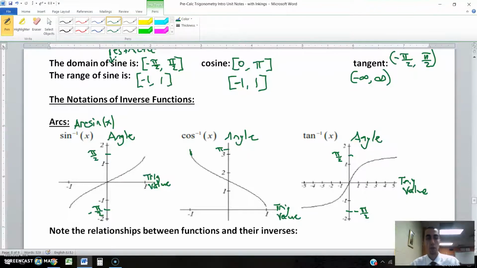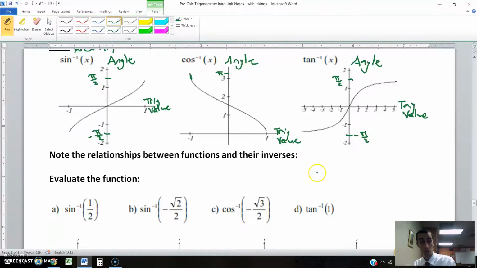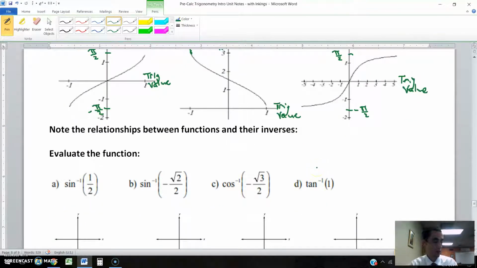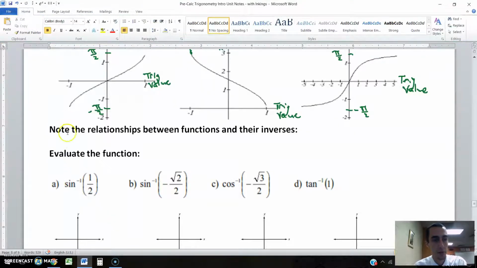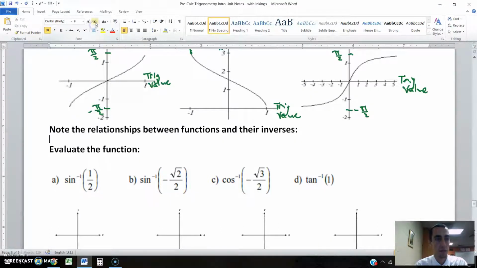Same thing holds. So as I pointed out, the relationship between these functions and their inverses is that, oh boy, that's a mess. So why don't I just try and type that in? It'd be a lot of writing, and it's a little easier for you to read here. Shrink it up a little bit.